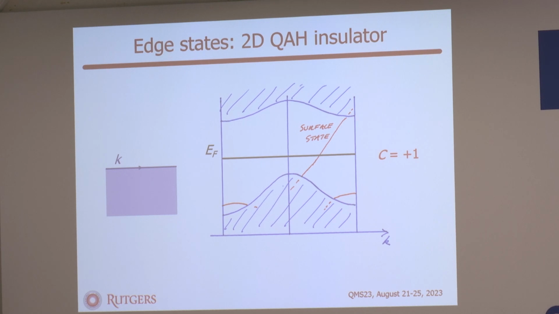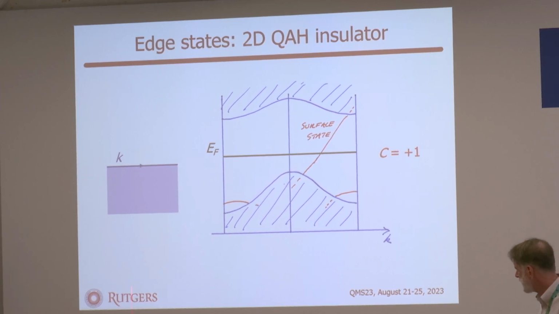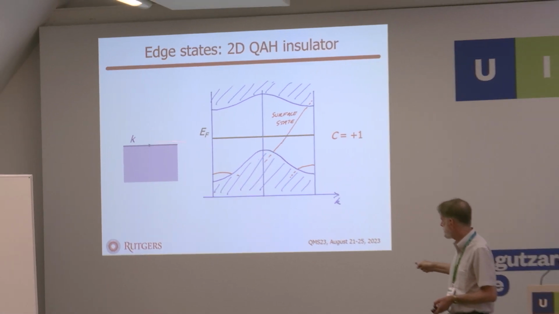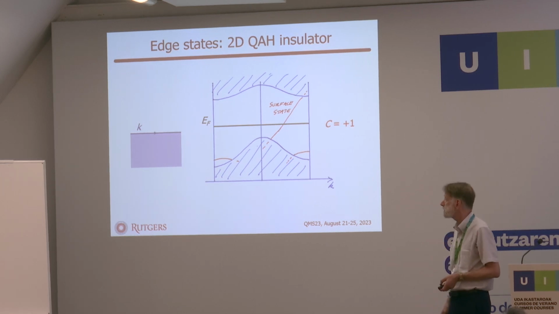One way to see this, in connection with what I just told you: imagine you have some two-dimensional ferromagnetic metal, so it has broken time reversal symmetry. What I'm trying to illustrate here is a material that is infinite in this direction and semi-infinite in this direction, and there's a surface in the plus y hat direction. Along this surface, kx is still a good quantum number, but ky is not a good quantum number at the surface.